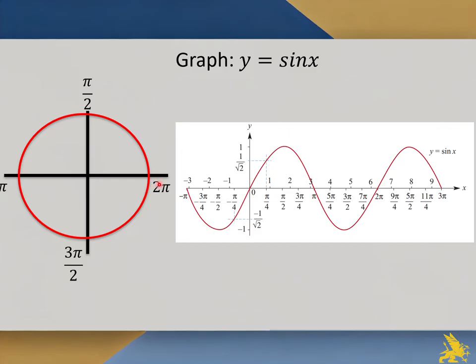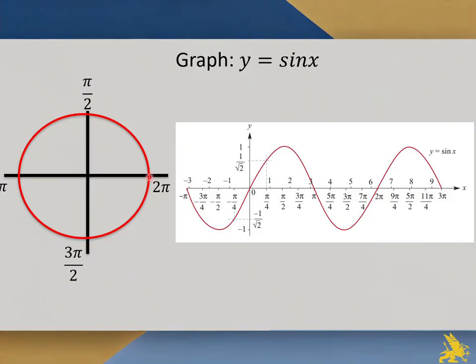You can see if we go around, we're starting at 0, which is what our sine does. At the start, sine of 0 will give us 0 because that is our y value.